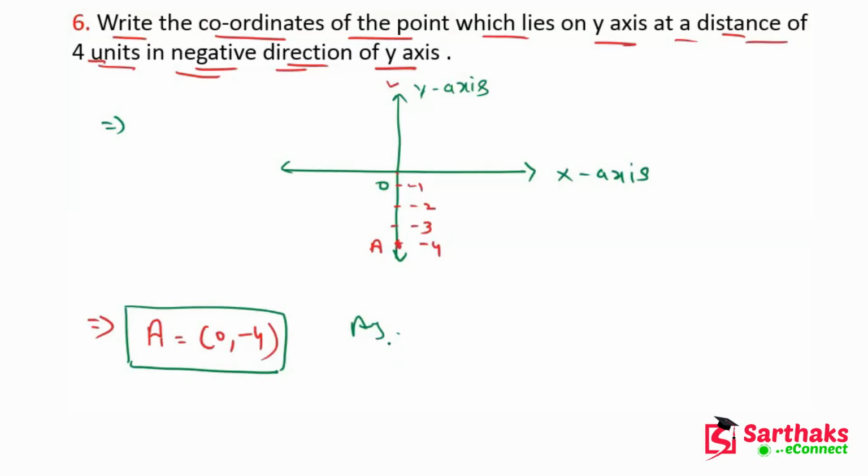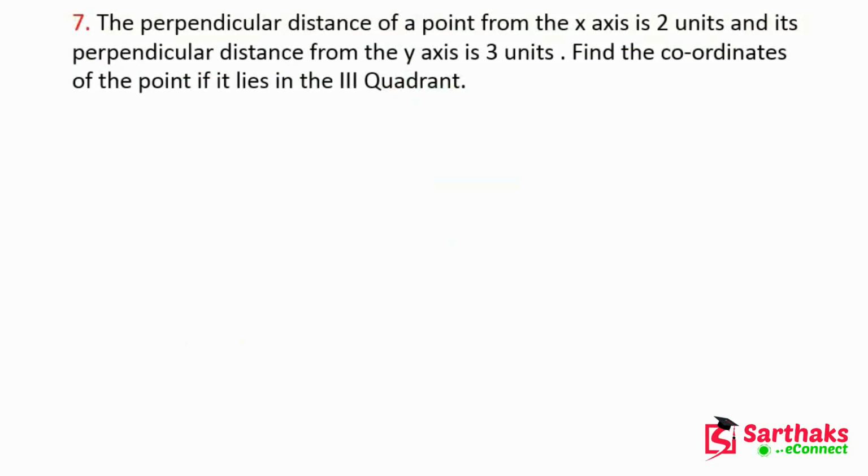So let's move to the next question, which is: the perpendicular distance of a point from the x-axis is 2 units, and its perpendicular distance from the y-axis is 3 units. Now find the coordinates of the point if it lies in the third quadrant.